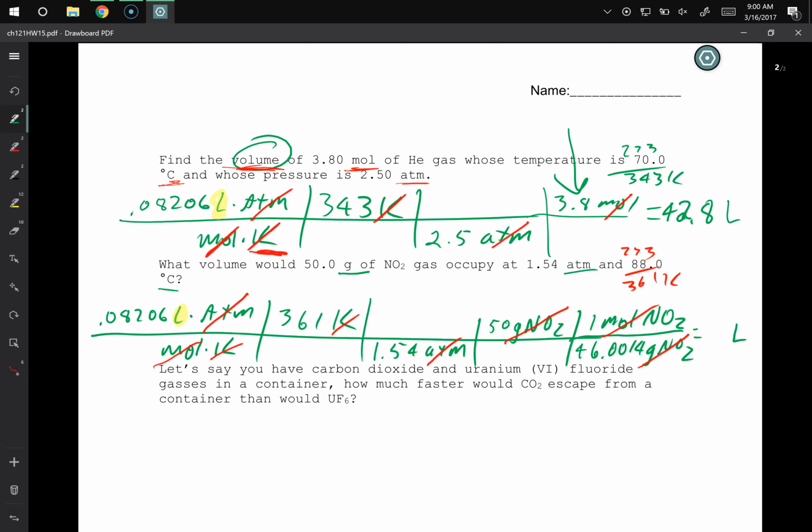So it looks like 3 sig figs, yeah, 20.9 liters. Do we get that? 20.9? Okay.